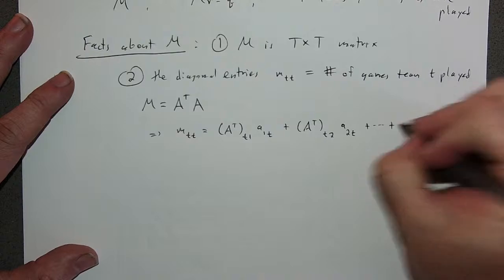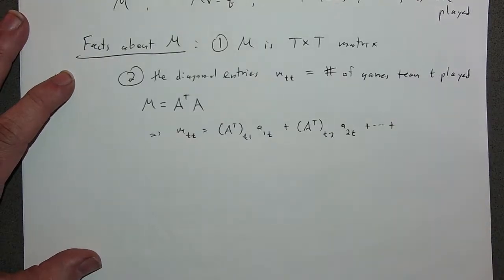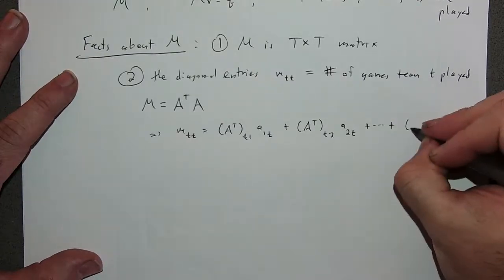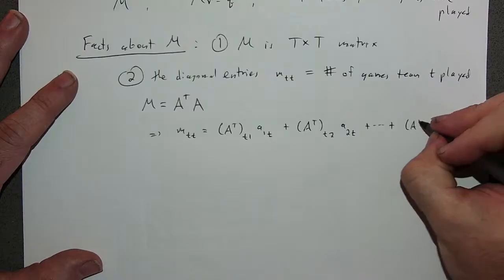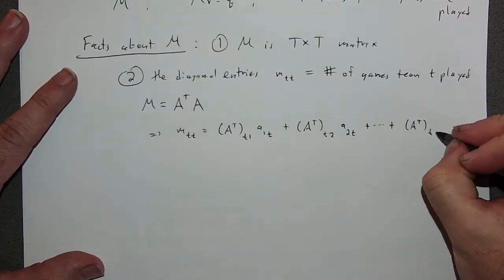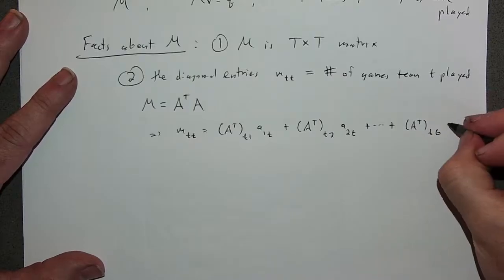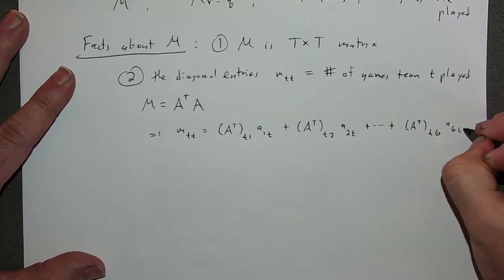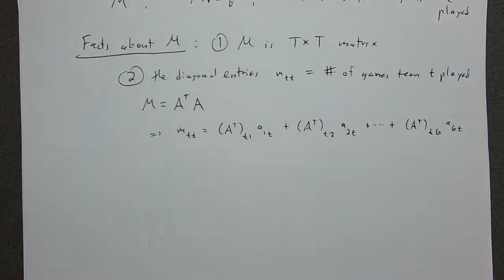This is just from my definition of how matrix multiplication works, plus the entry in A transpose in the tth row gth column times the entry of A in the gth row tth column.